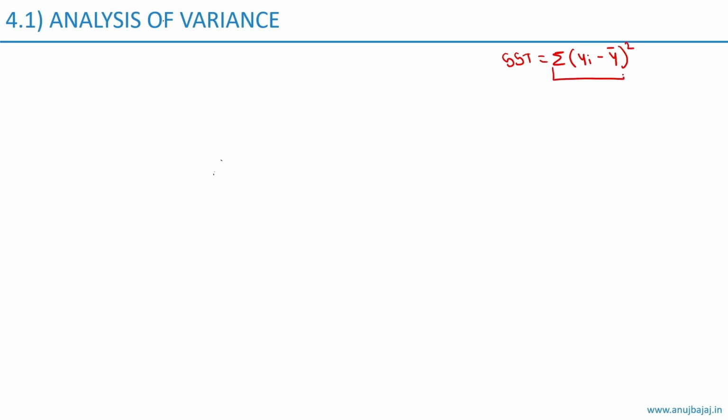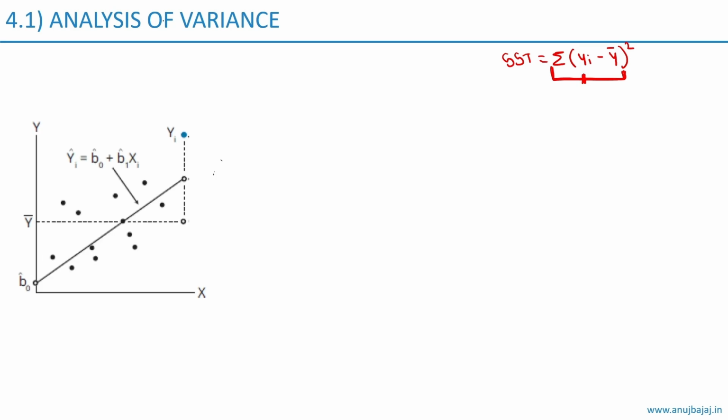We were concerned with what explains this total variation. So we chose an independent variable which we believed could explain this variation. So using a linear regression model, we tried to explain this variation. Now let us see how effective the linear regression model has been in explaining this total variation.